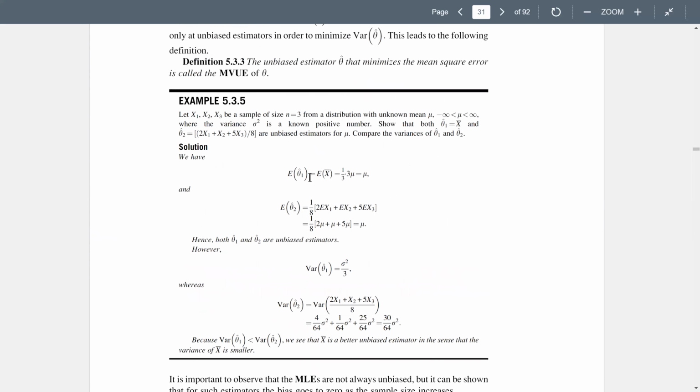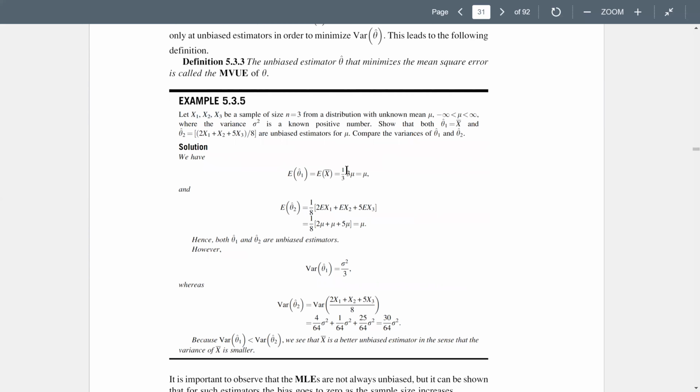If you look at this example, you will see that the expected value of theta 1 hat equals the expected value of x bar. Based on this example, it is not a special distribution. It's just a randomly chosen toy example. So n equals 3, and the expected value of x bar equals what?